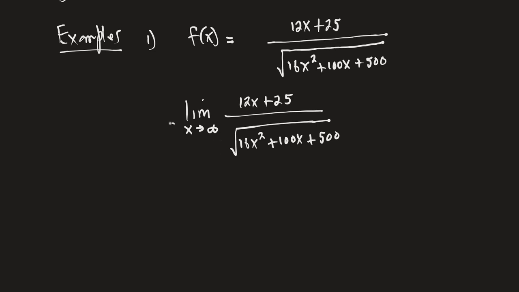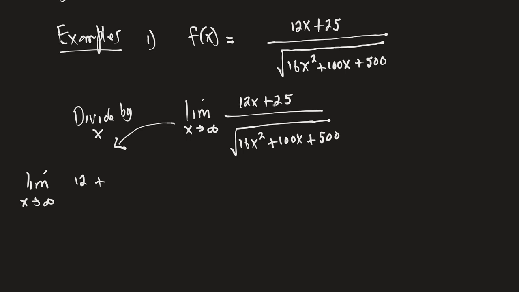So let's do that. And remember, this is the first of two methods. In this method, we're going to divide the top and the bottom by x. Now keep in mind that x is positive. That's going to play a role as well. So I will have the limit as x approaches infinity. Dividing this by x, the 12x by x gives me 12.